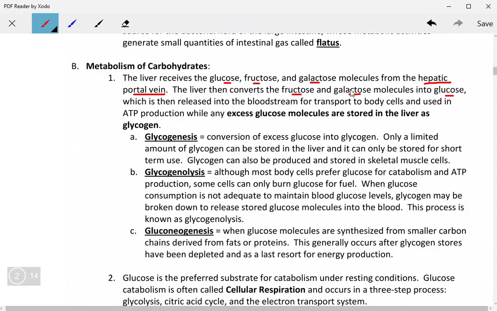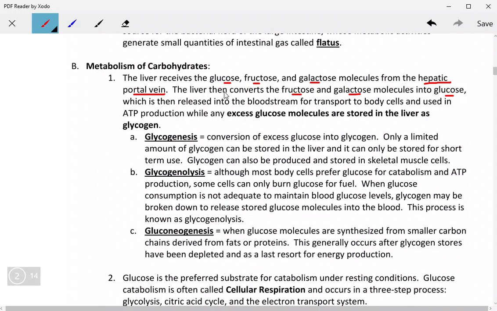However, fructose and galactose are structurally related. Keep that in mind. They're isomers of each other. Their chemical formula is the same, but their spatial arrangement and structure can be different. So that's why I say they're related, okay? Because the chemical formula is the same.